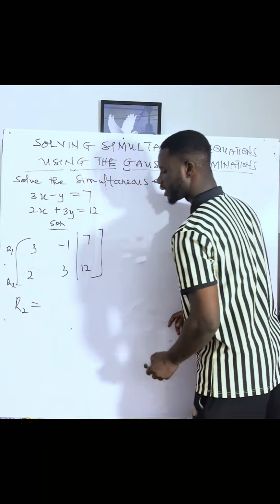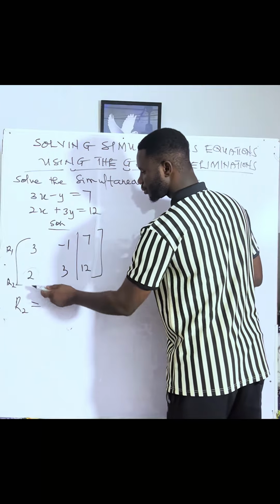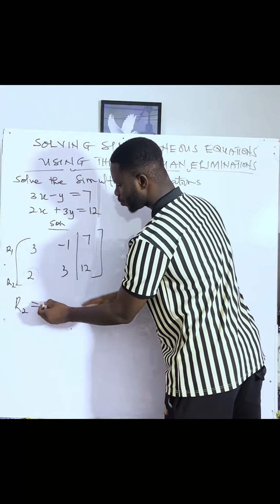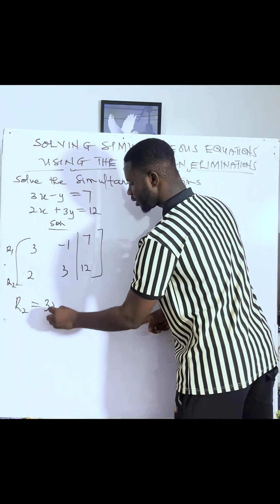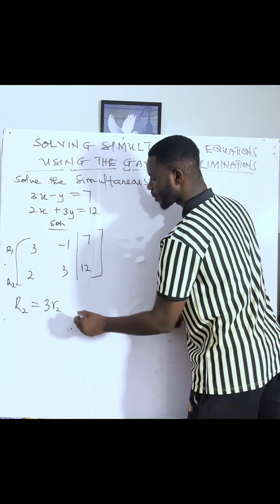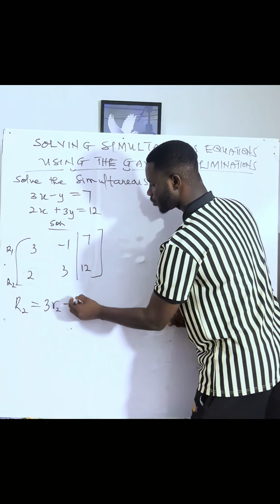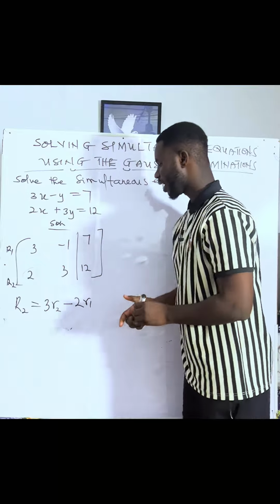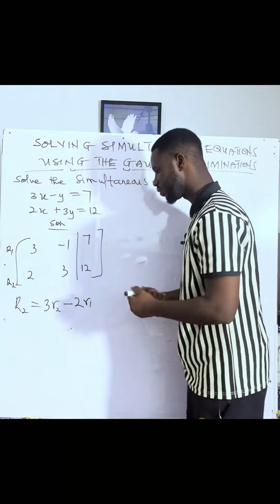So let's change that. If I multiply this row 2 by 3, so let me write it, row 2, then I subtract it from 2 times the row 1 over here, I am going to get this place to be 0. So let's check.